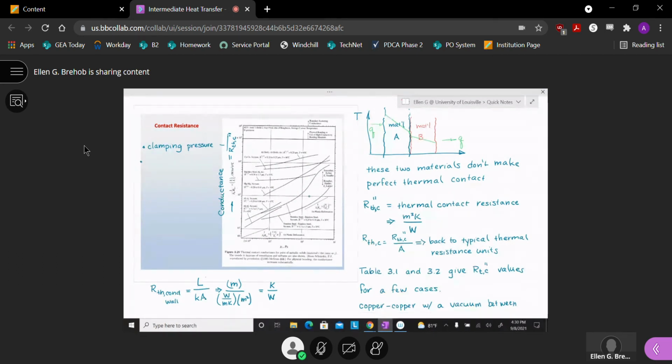You're pushing it together. Some other things on this chart, and it's maybe kind of small for you to see very well. Hopefully you can zoom in. It also has this delta squared to the 1/2. That's root mean square of the roughness of these surfaces.